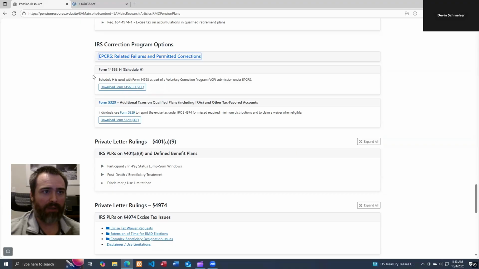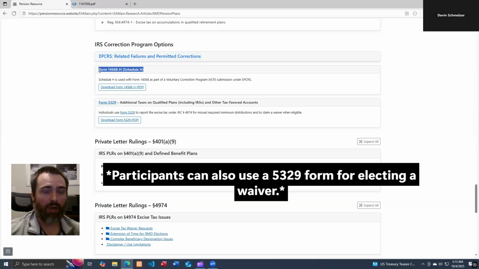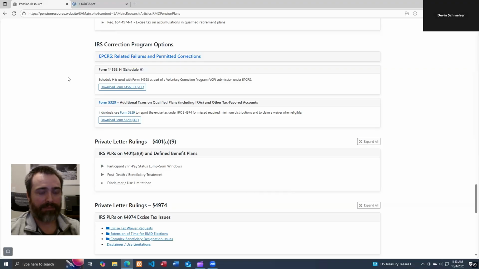There's a special checkbox on the form that you've got to check for that, or the Form 14568-H, for electing a waiver on the missed required distributions from the IRS. And there has to be some reasonable reason why you weren't able to pay your required distribution for that individual, and it needs to be something reasonable, not just that you forgot about it.